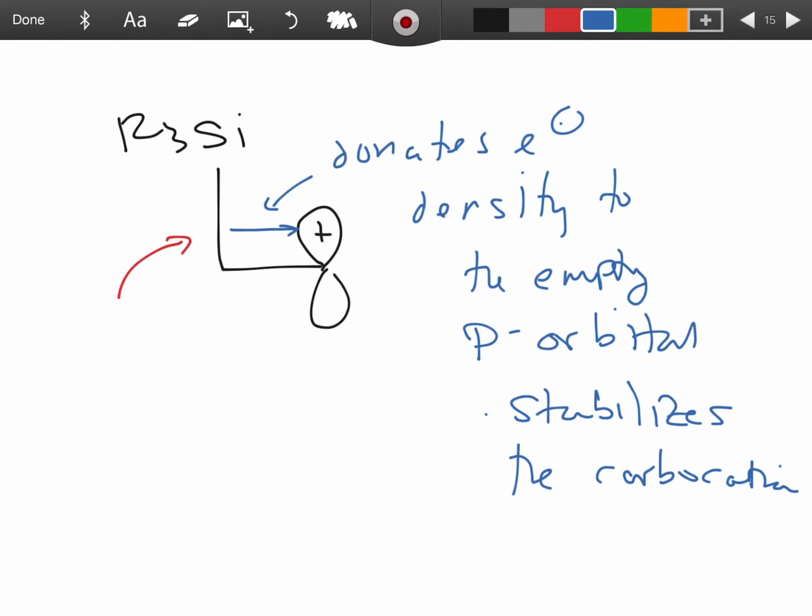So it's able to make that carbocation a little bit more stable and make it form a little bit easier. This donation, this bond donating some of its electron density into the p orbital, is hyperconjugation.